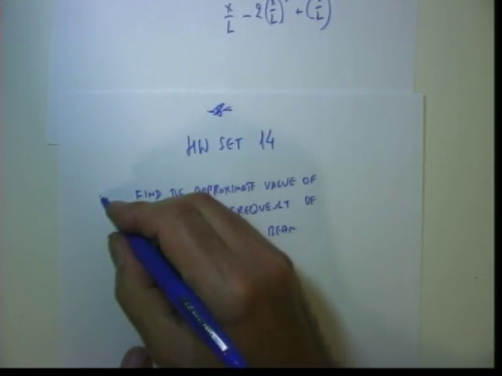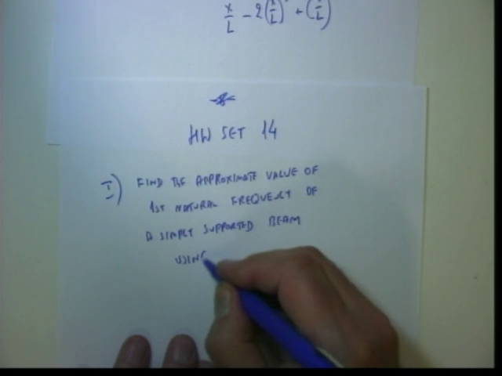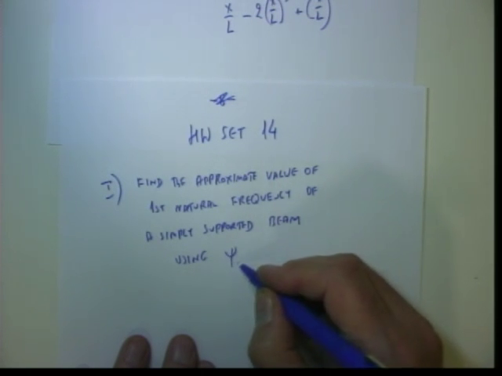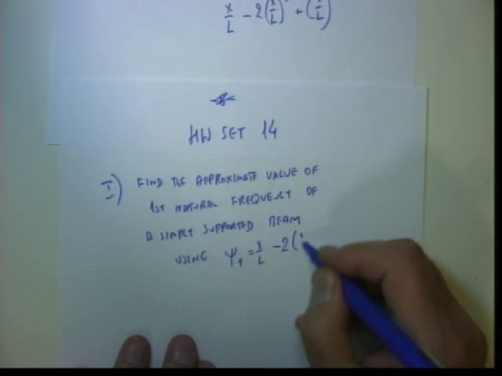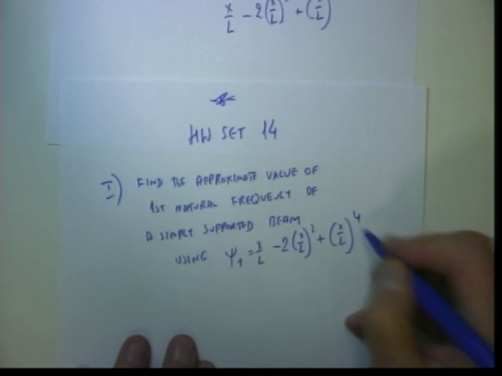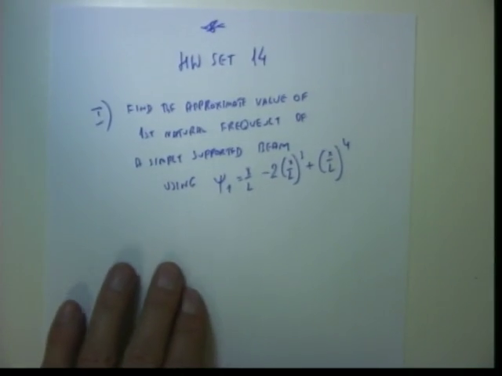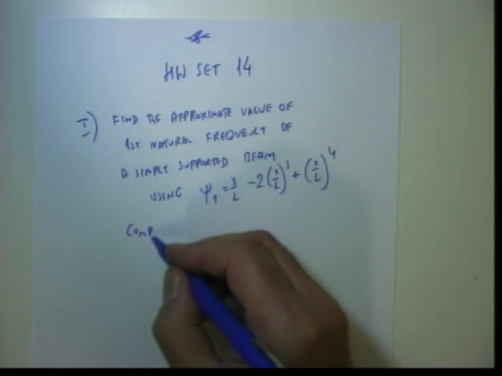So this is the first problem, using psi 1 equals x over L minus 2 times x over L cubed plus x over L to the fourth power. Compare with the exact solution.